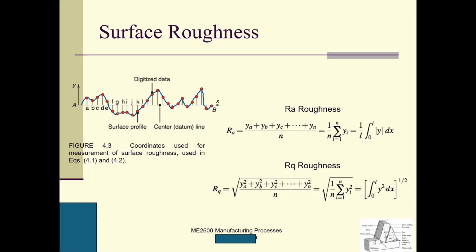And how can we get this Ra and Rq? Ra is Ya plus Yb, and so on, until Yn, divided by n. Ya and Yb are the distances from the point of interest to the center line. You can see? So this is called Ra. And be very careful, this is the distance, okay? The distance is positive.